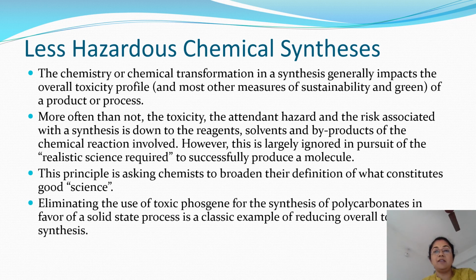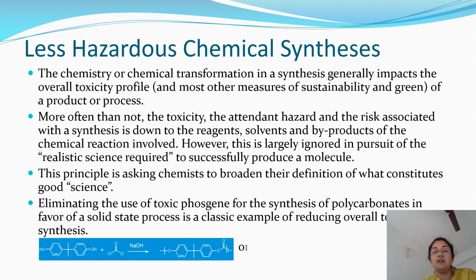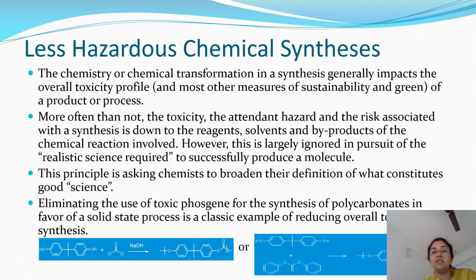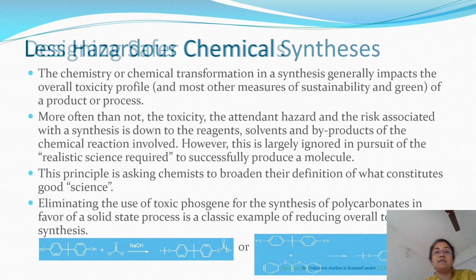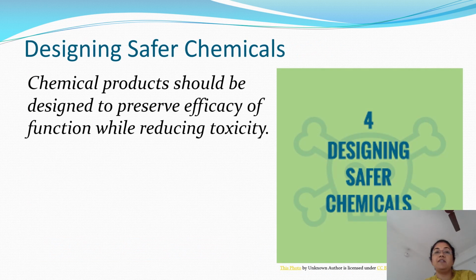An example is the usage of phosgene in the synthesis of polycarbonates. Nowadays, this is not done using phosgene; rather, triphosgene is used, which is less toxic, and its phase is also solid.